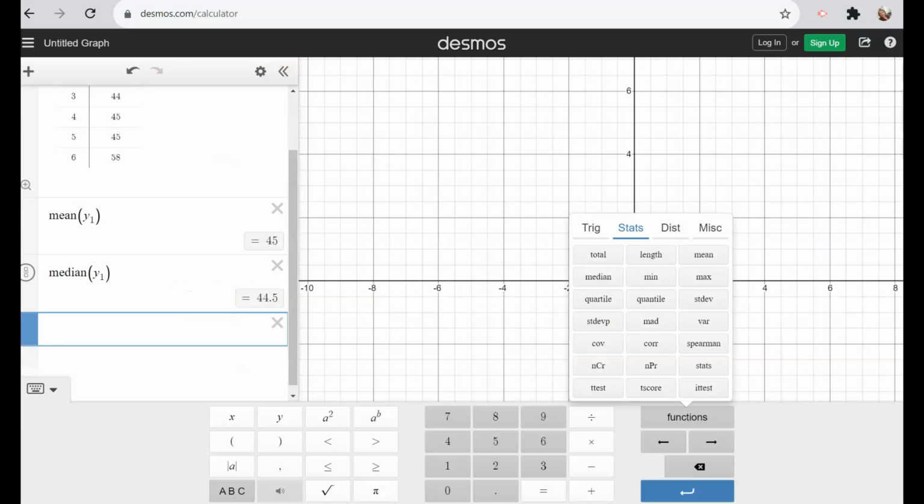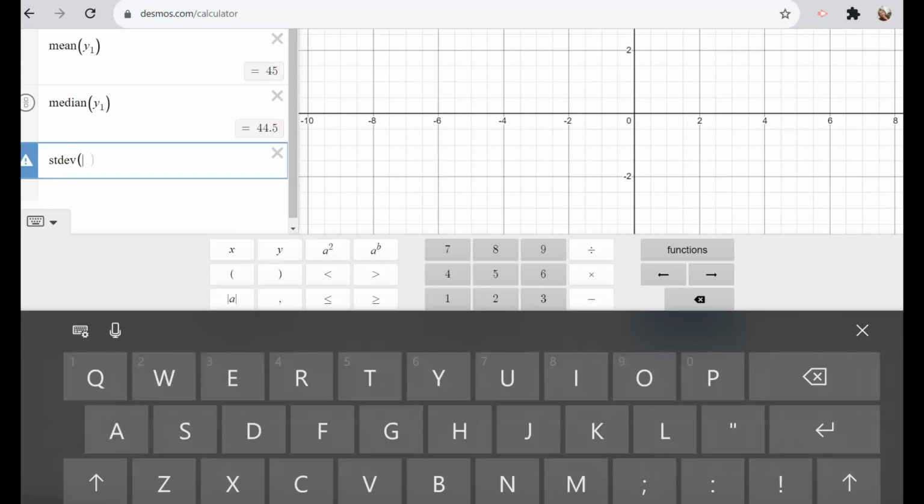Let's see how Desmos could find that for us without us going through all of those steps. Again, I've got my list in the first cell, and if I look at my function menu under stats, in the far right column it says mean and then max, and right under there is STDEV, which stands for standard deviation.